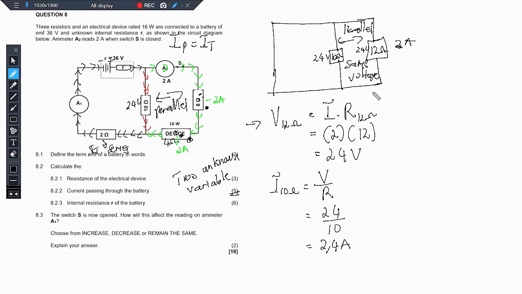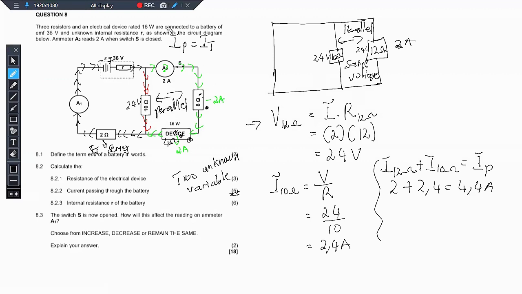Now, we know that the current of the 12 ohm resistor plus the current of the 10 ohm resistor will have to give us the total current of the parallel resistors, right? So for the 12 ohm, it's 2 amperes. As we can see here, if we say 2 plus 2.4, this will give us 4.4 amperes.